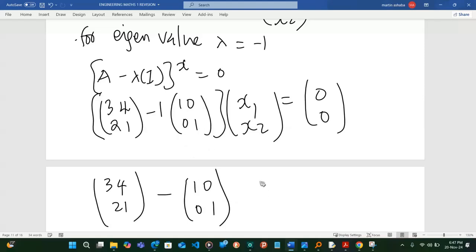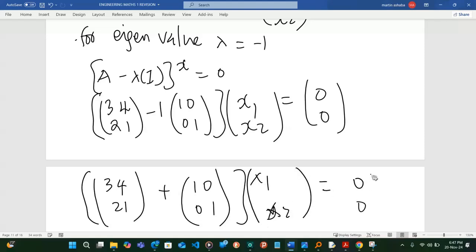Okay, this was supposed to be a plus. So I had a 1 minus 1, so this is going to be a plus instead. So I'm going to have a plus here, times x1, x2 is equal to 0, 0.